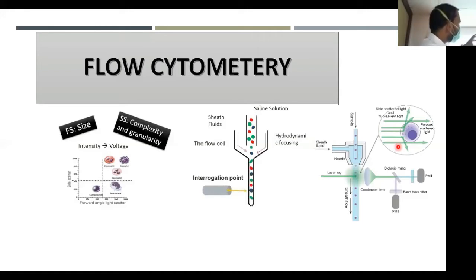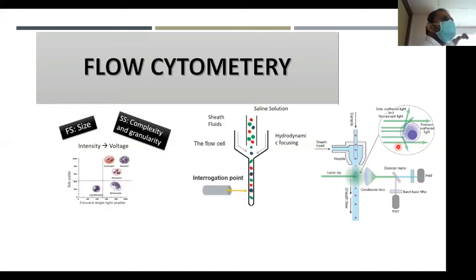If it is a non-granular cell, the light will pass through, except at the nucleus. If it is a granular cell, the light will scatter. The scattered light goes to sensors, and they plot. So granular cells will go up in that area, and an agranular lymphocyte will come down.